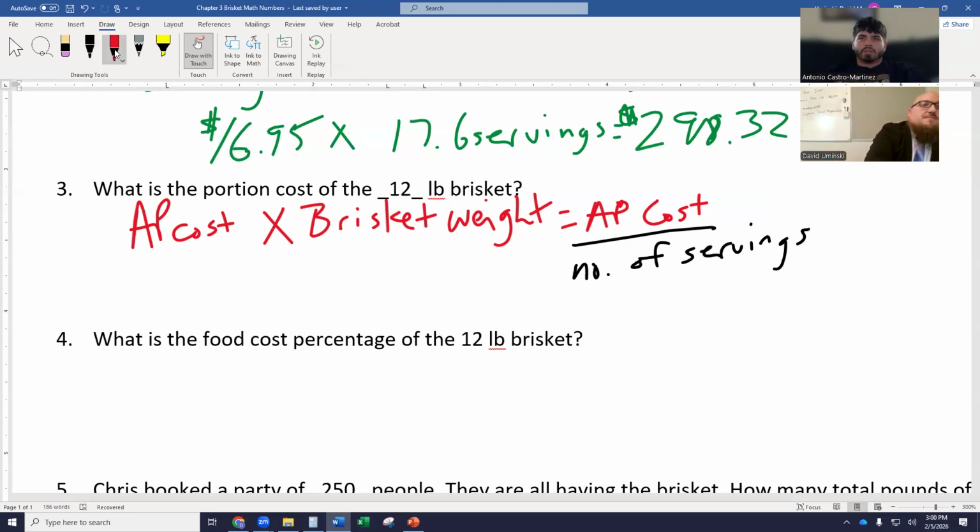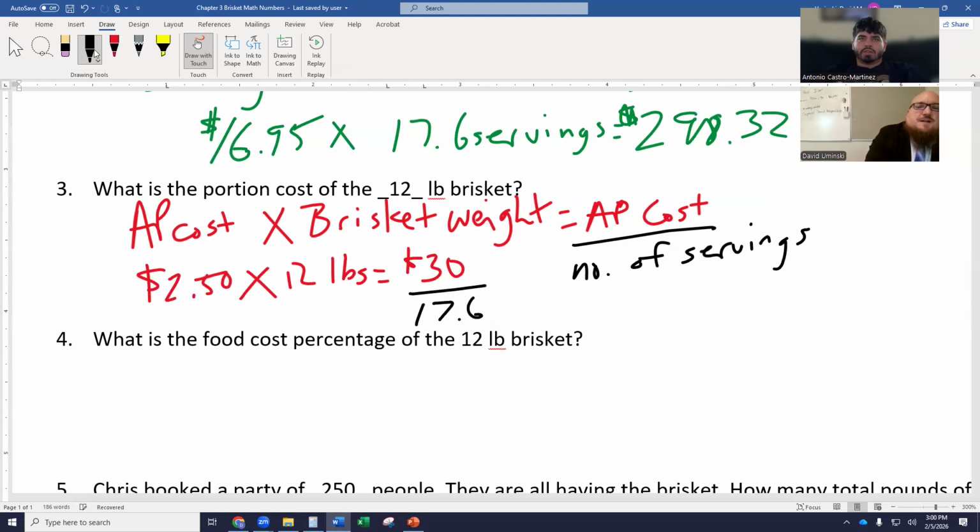So now let's put it into practice. We have an AP cost of $2.50 times 12 pounds, which gives me $30. Then we divide that by our 17.6 servings.